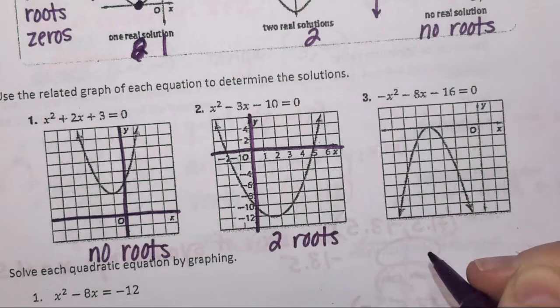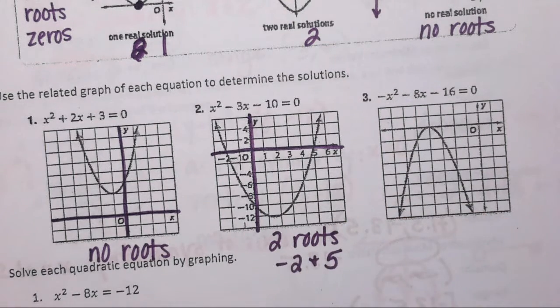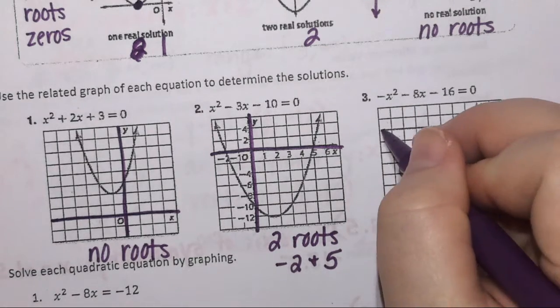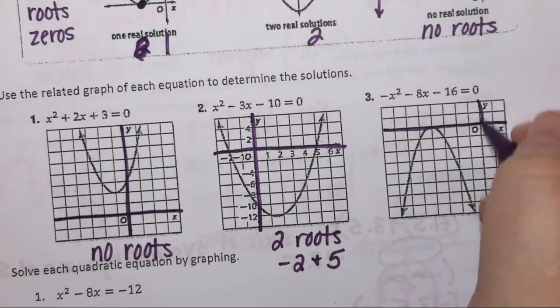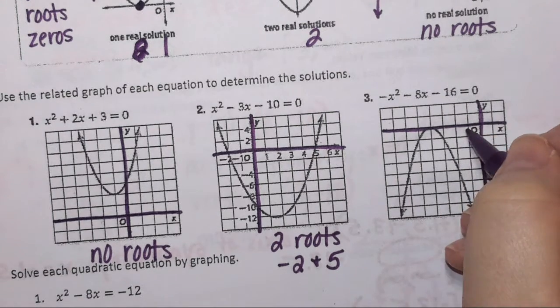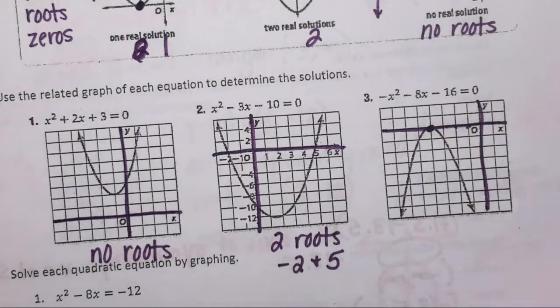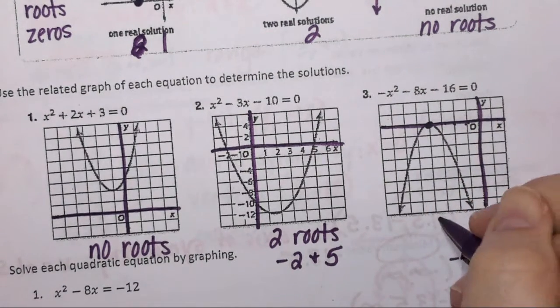Okay, I'm going to give every group a point. And then our last one has 1 root, and where is that 1 root? 1, 2, 3, 4. No, it's 4. So 1 root at -4.